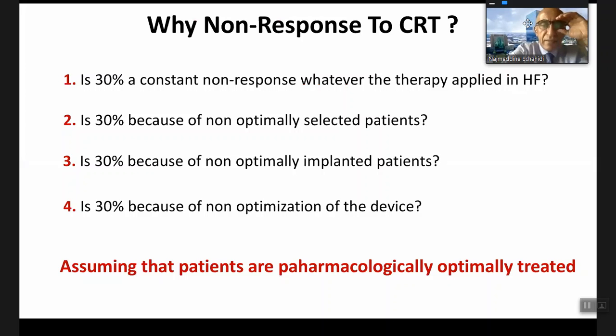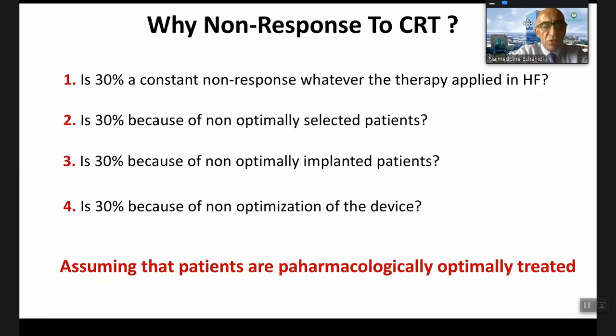If we ask the question regarding pharmacological treatment, for example ACE inhibitor, beta blocker, do you know the rate of non-responders? It's almost the same, around 30%. So regarding non-response to CRT, is this 30% finally a constant non-response, whatever the therapy we apply to our heart failure patients?